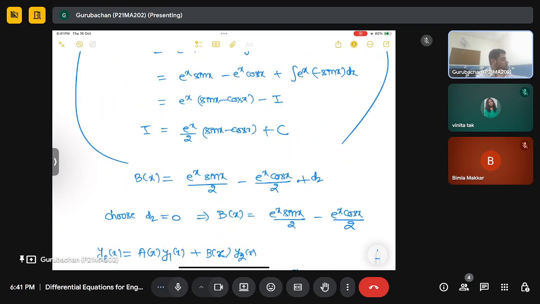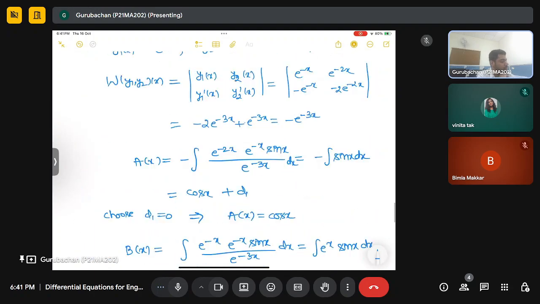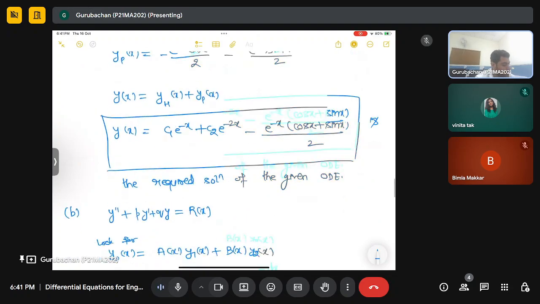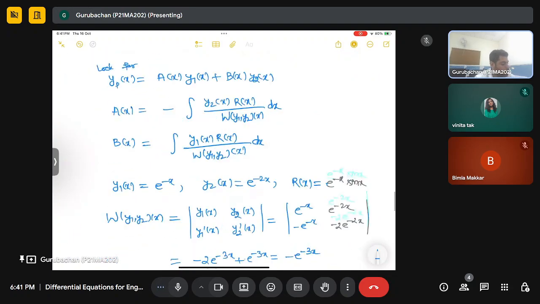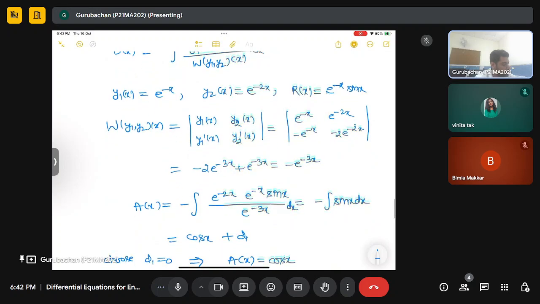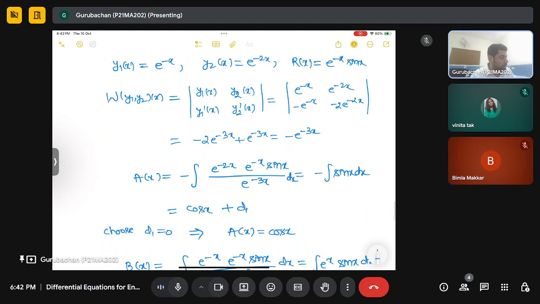So what was your y_p? It was minus y2 f(x). Let me just verify it. So y2 is e to the power minus x sin x. I think in the Wronskian, is there any negative sign? Yes, in the Wronskian we have a negative sign. So it is minus, so it will become plus, and it will become minus, and it will be minus.